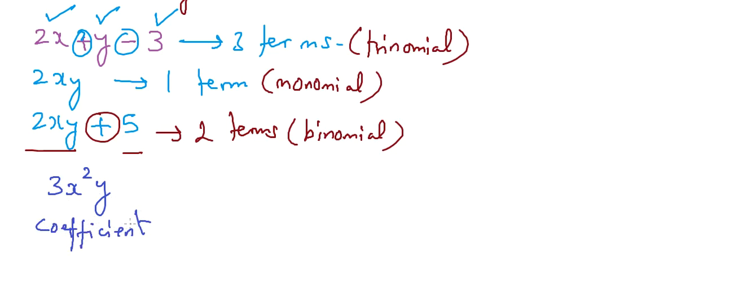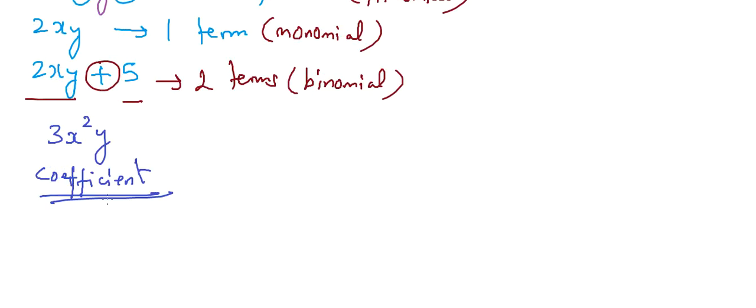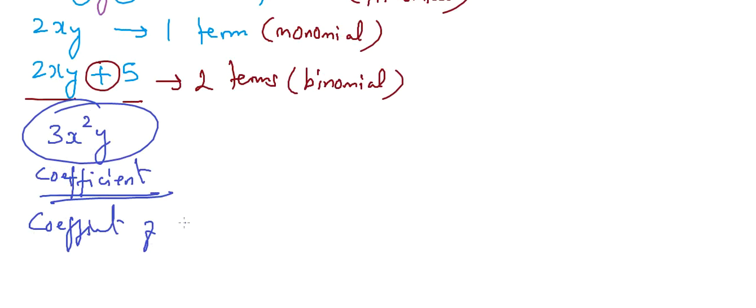So you should know what is the coefficient in 3x square y. In this one, the coefficient of y is 3x square. See, other than y, leave y. So what is left out? 3x square. So that's the coefficient of y.